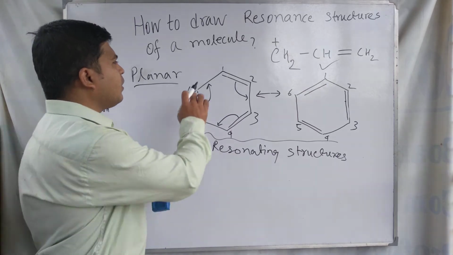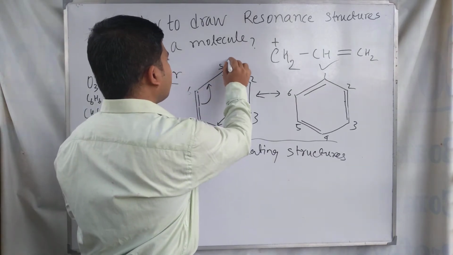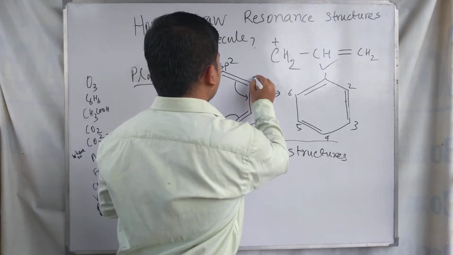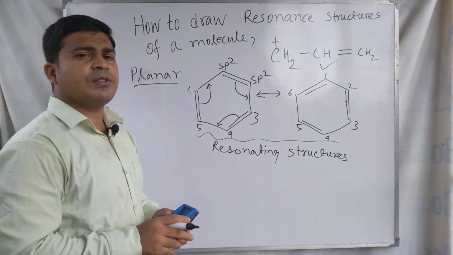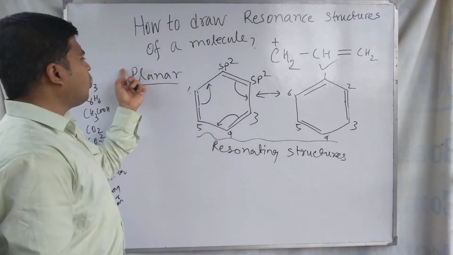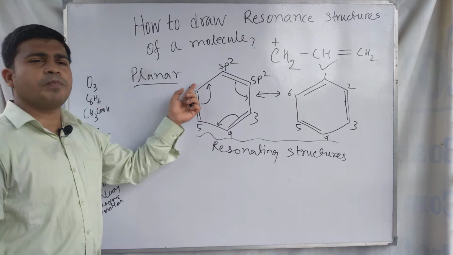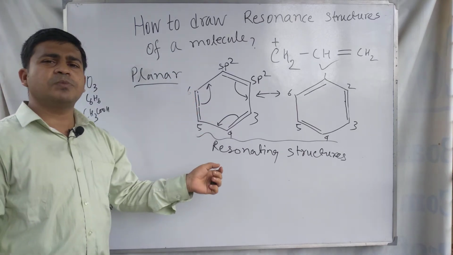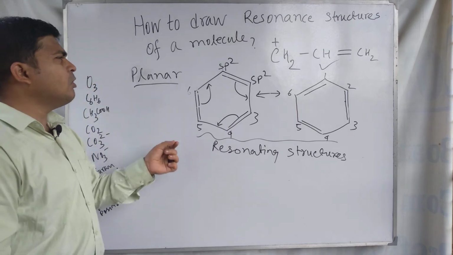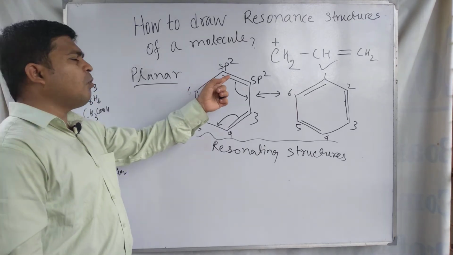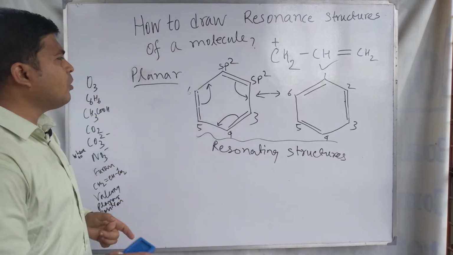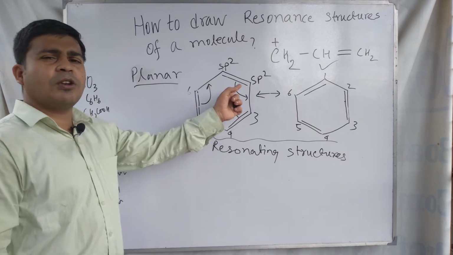Suppose this carbon is sp2 hybridized, so this one is planar. So you have to check the hybridization of each carbon. If the hybridization of carbon is sp2, then the molecule is a planar molecule. Planarity is very important for resonance. A molecule can undergo resonance only when the molecule is planar. So to find out whether the molecule is planar or not, you can see the hybridization of each carbon.